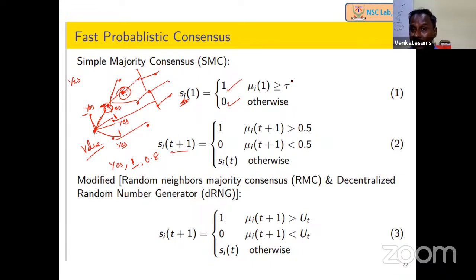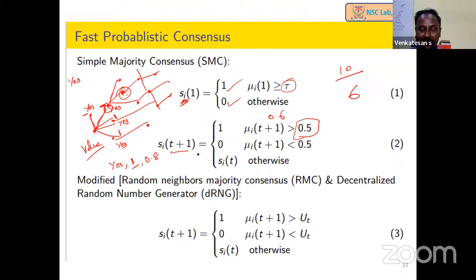When I ask the question, here you see the variable, but here we have the constant. Again we are asking in the next round, and the majority says yes, they are saying 1 or not. If the majority is greater than 0.5, that means out of 10, let's say 6 are saying yes, then it is greater than 0.5.